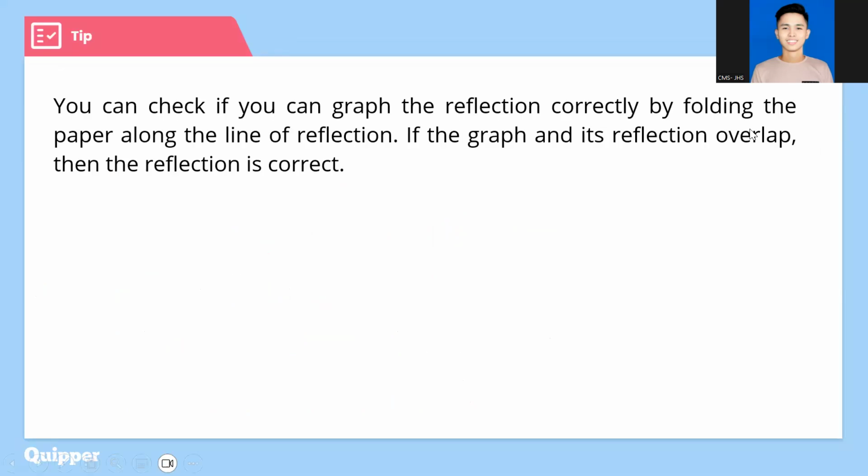So there's a tip here. You can check if you graphed the reflection correctly by folding the paper along the line of reflection. If the graph and its reflection overlap, then the reflection is correct. Which is true, right? For example, when we reflected a while ago along the x-axis, its reflection will be here.